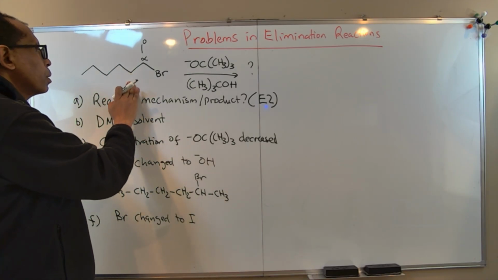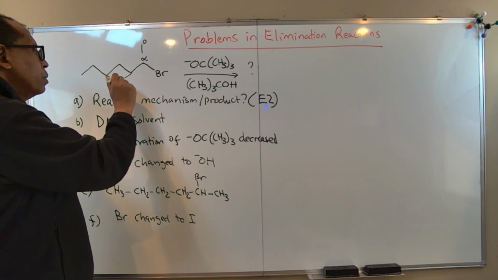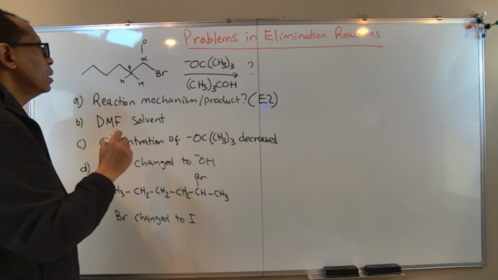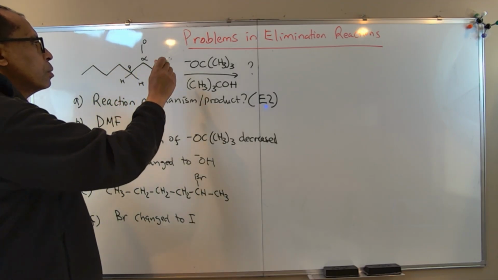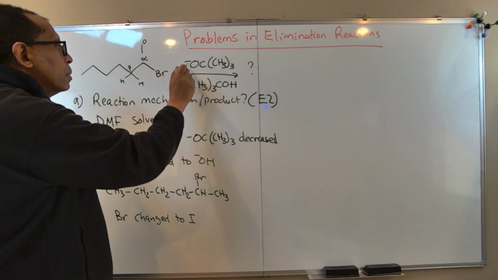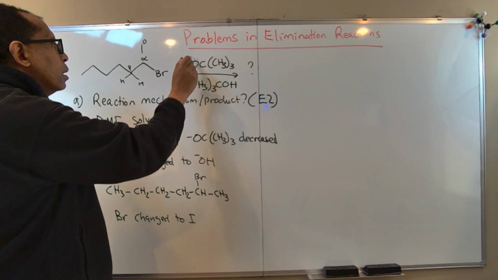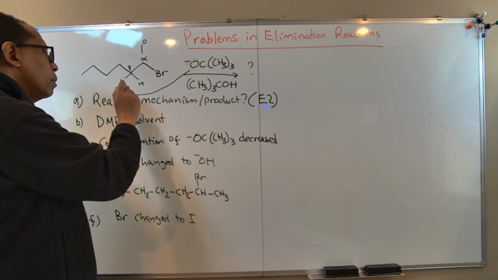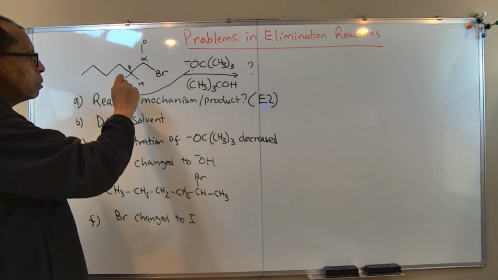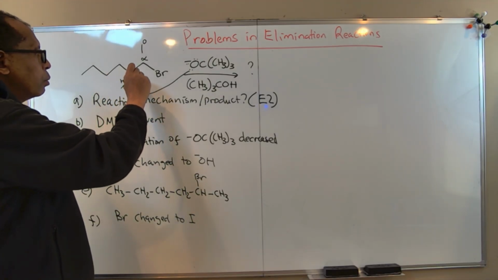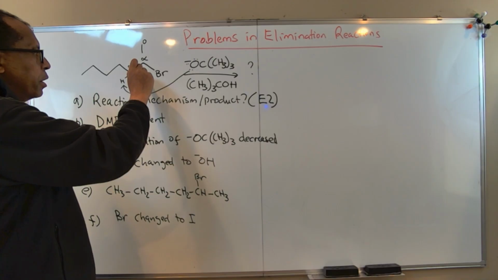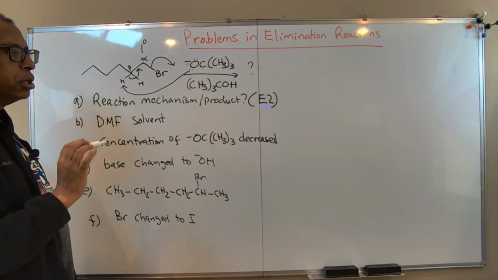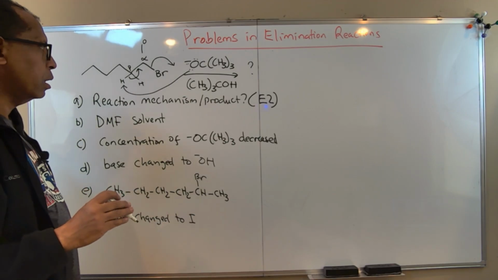One of the hydrogens on a beta carbon would be abstracted by the base. That's the mechanism. While this is being abstracted, this bond with a pair of electrons would form here and this leaves. So what I just showed is the reaction mechanism.